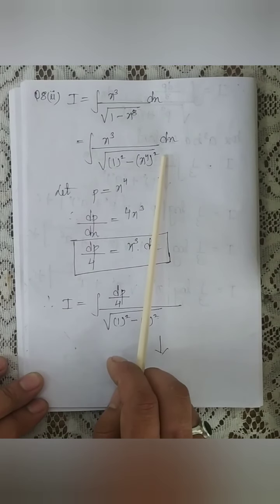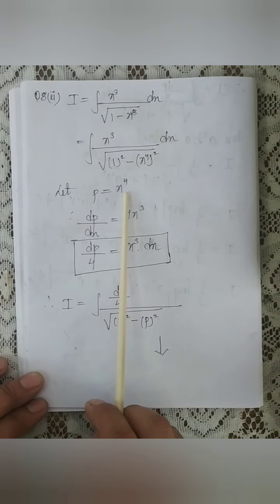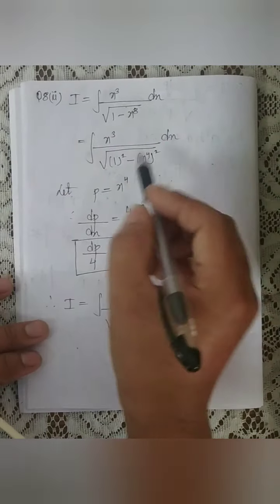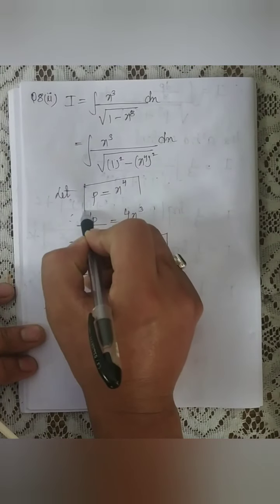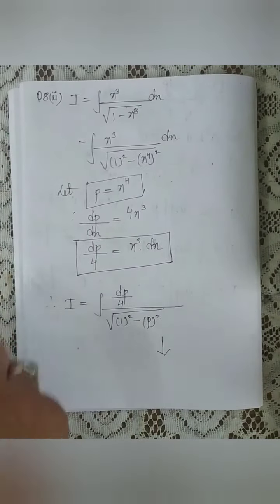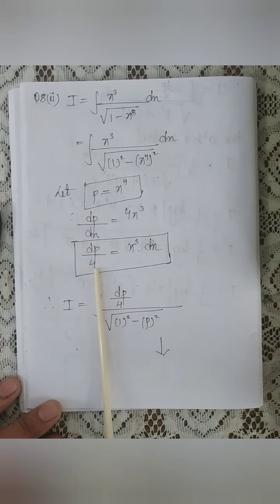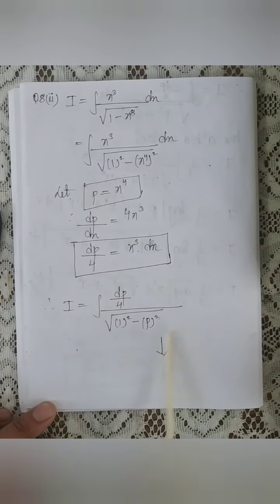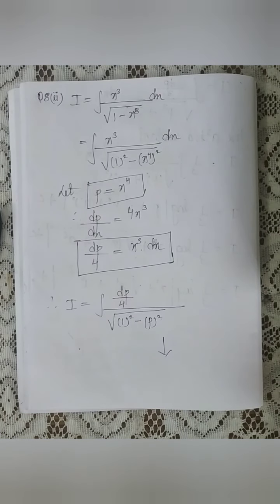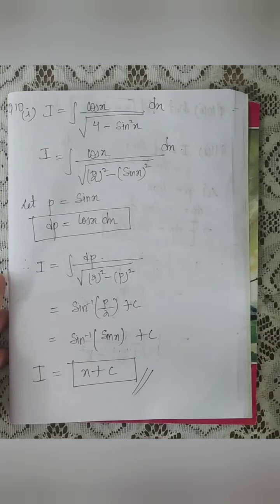And then what is my substitution? p equals x to the power 4. If it is x to the power 4, then differentiate and find the value for x cubed dx, which is dp by 4. After you put the value, you'll get something in the form of standard integrals, and then you know what to do. And finally put the value for p. So pause the video and note it down.